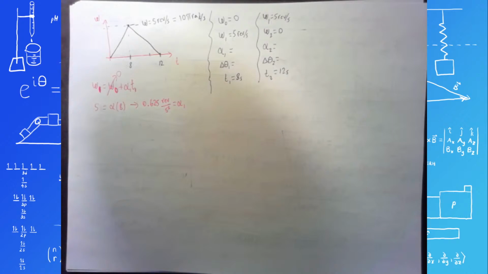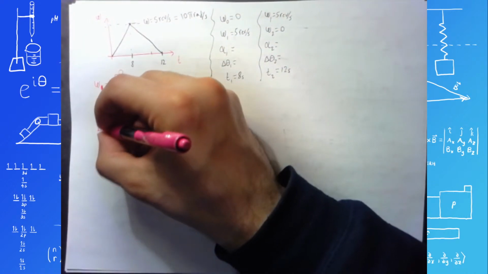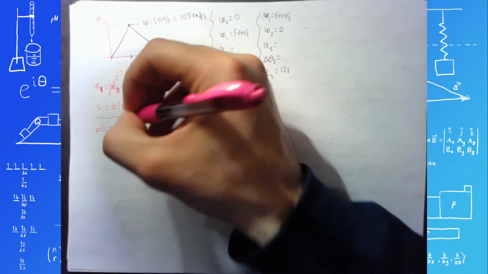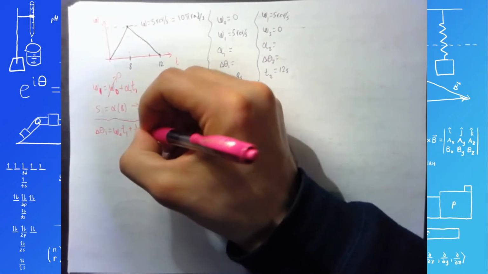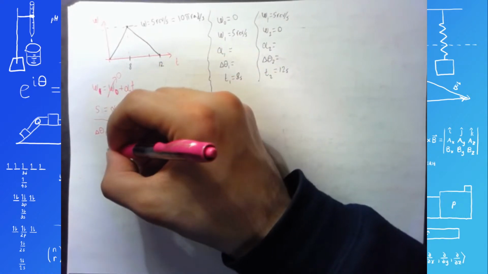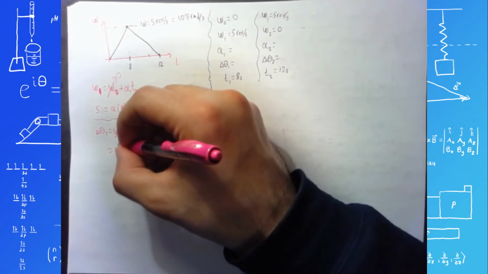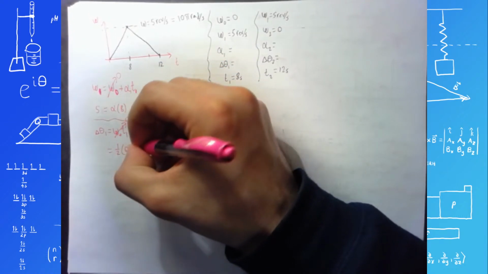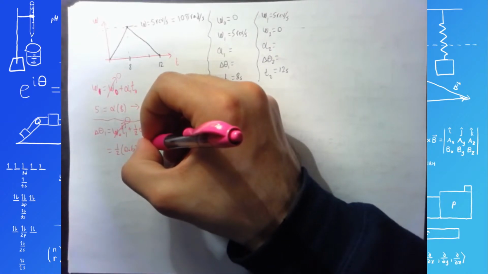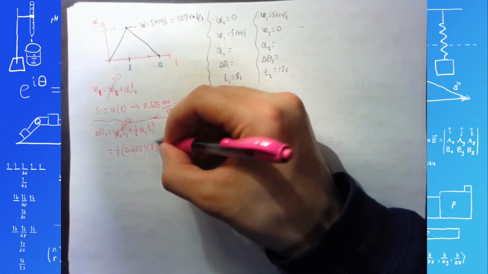Now that we have that, we can go ahead and use the second equation. Delta theta 1 equals omega 0 times t1 plus 1/2 alpha 1 t1 squared, well, that's going to be a 0, and then 1/2 times 0.625 times 8 squared.